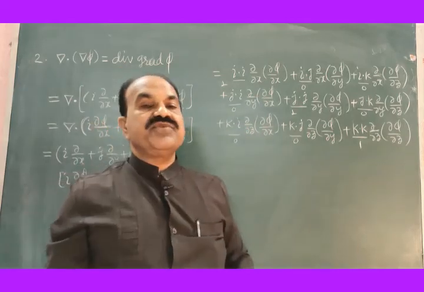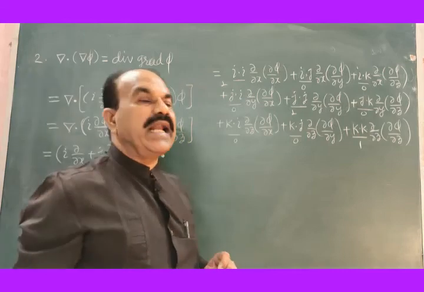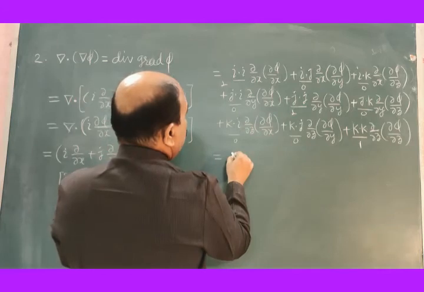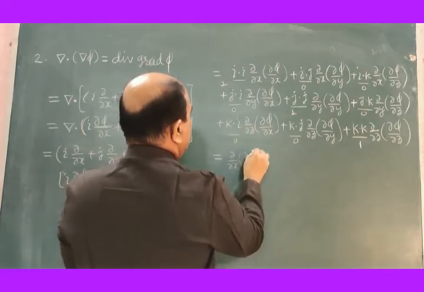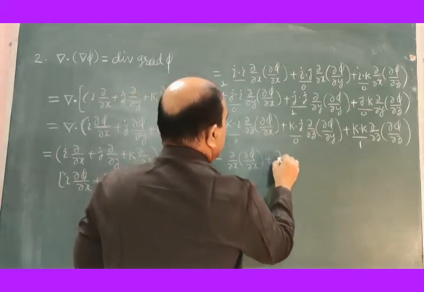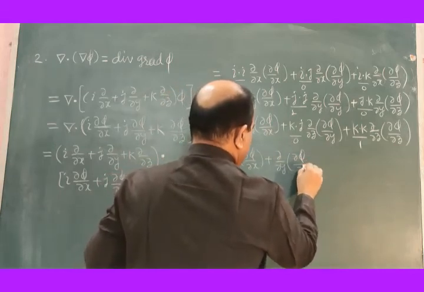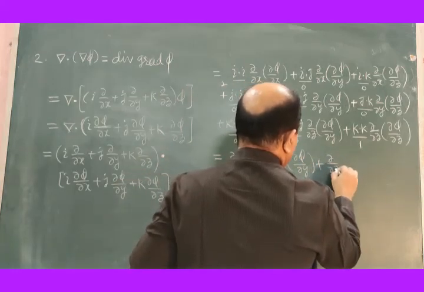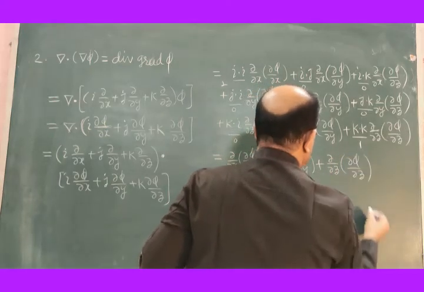Out of 9 terms, 6 terms have become 0, only 3 are left, and these are ∂/∂x of ∂φ/∂x plus ∂/∂y of ∂φ/∂y plus ∂/∂z of ∂φ/∂z.